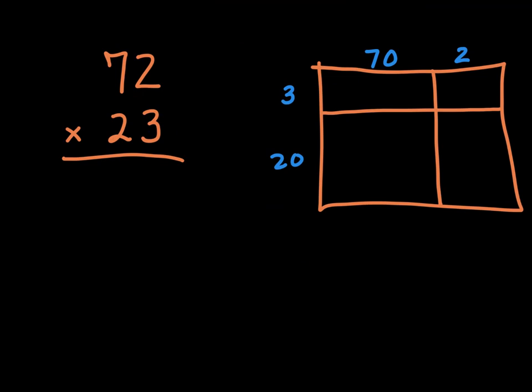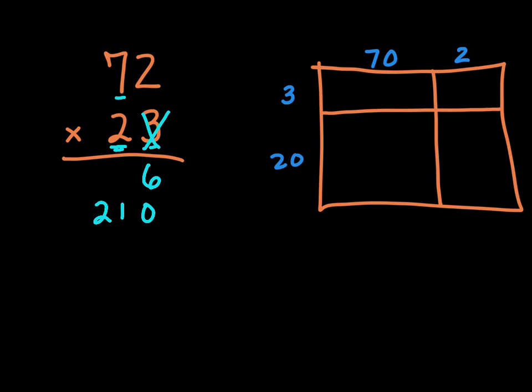All right, so now we have 72 times 23, and we're just going to be doing the partial product method. So let's begin. 2 times 3 is 6. 7, that's a 70 times 3, is 210. We're done using the ones, and now we need to go to the tens. So this was really a 20 times 2 now.